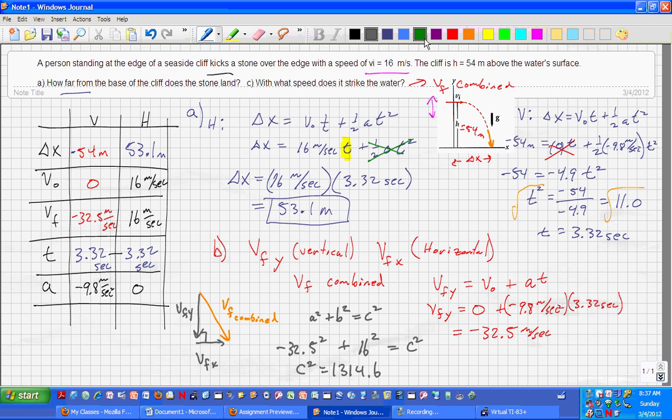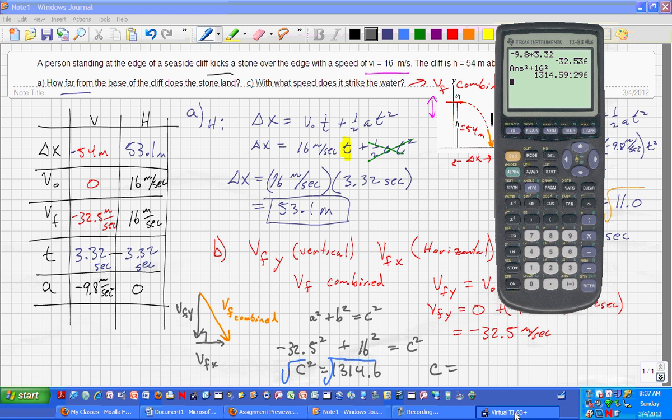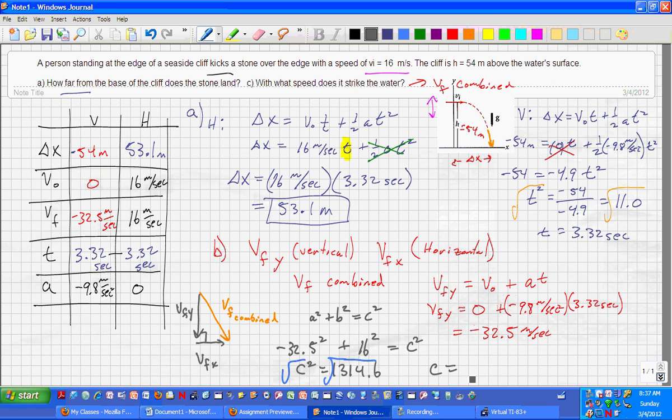So that means I'm going to square root both sides to get c. C is going to be equal to, again, second square root, second answer, 36.3 meters per second.